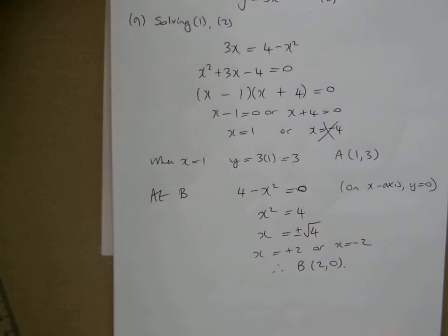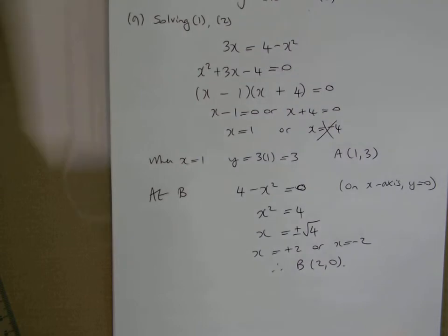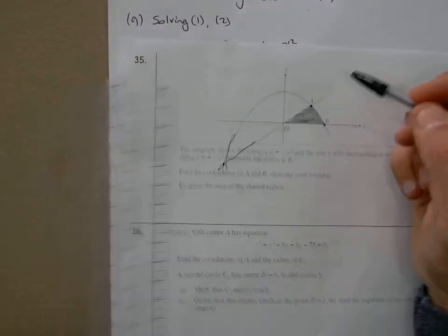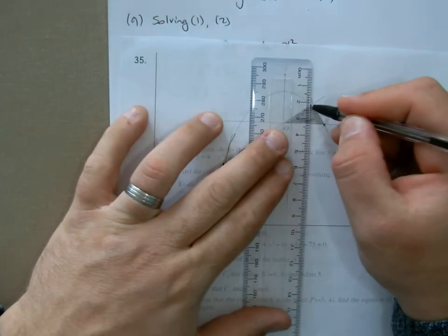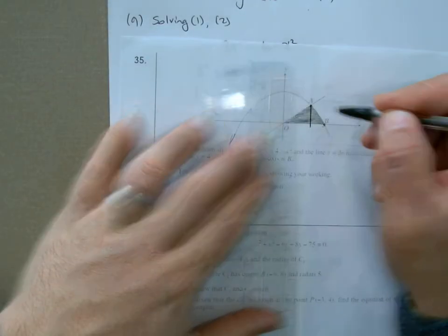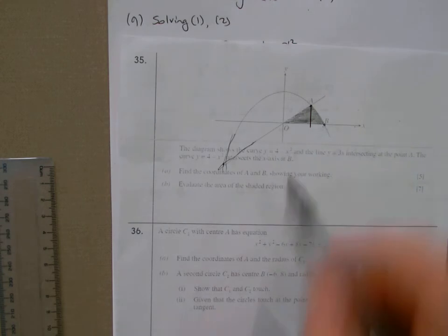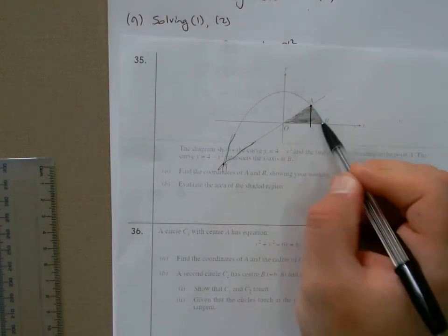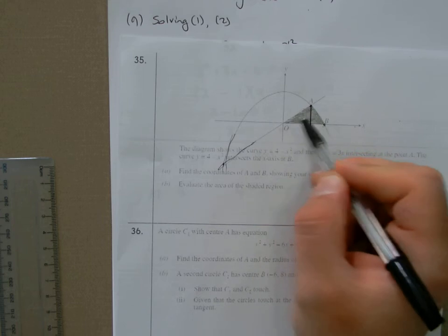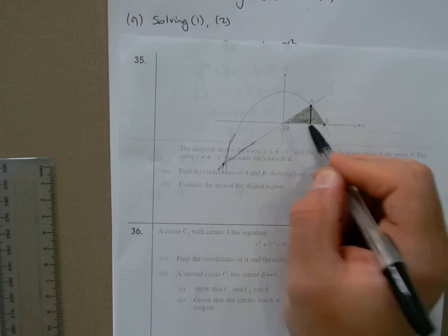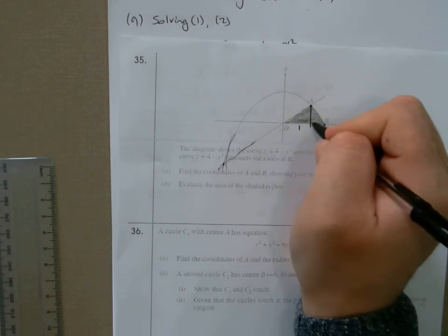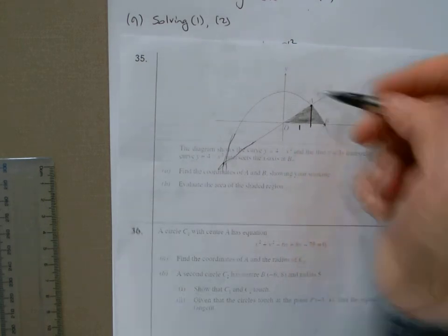It says then evaluate the area of the shaded region. And let's go back here. To evaluate the area here, what I would do is I would split this shape into 2. If we split it into 2, you'll notice we've got a triangle here, and we've got a curvy bit here. So to work out the area of the triangle, all we need to know is the base here, which remember is of distance 1, which takes you to coordinate A, and the y value for A, let me just check, was 3, wasn't it?